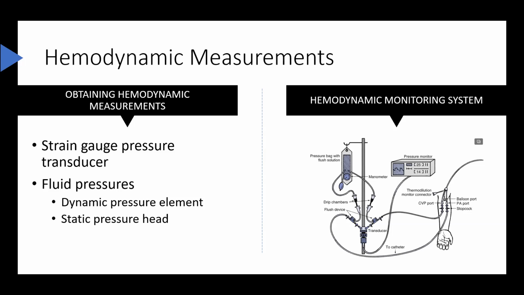The degree of error is about 1.86 millimeters of mercury for each centimeter of distance from the reference point. This adjustment can be avoided by positioning the transducer at the level of the mid-thoracic line of the patient to measure CVP accurately. This is about 5 centimeters behind the sternal angle, or the angle of Lewis.